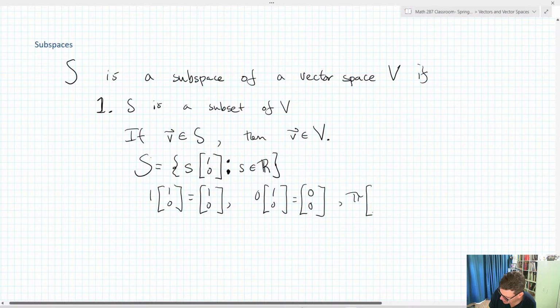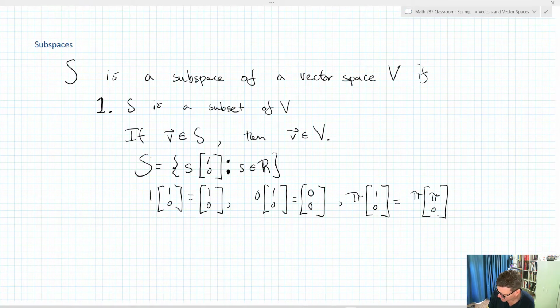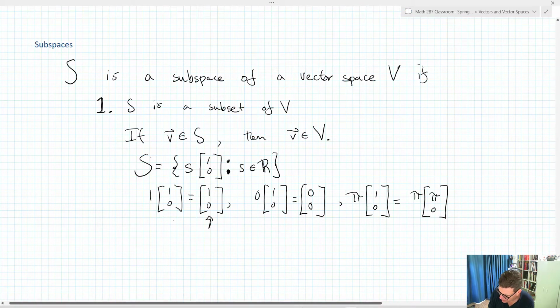Pi times (1, 0), right? That equals (pi, 0), okay? Notice that each one of these belongs to R2. (0, 0) belongs to R2. (Pi, 0) belongs to R2. Each one of them belongs to R2, right?